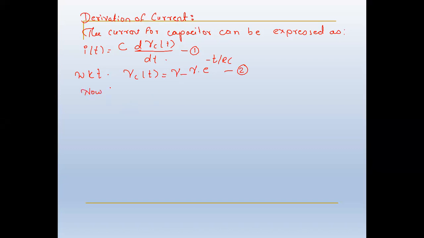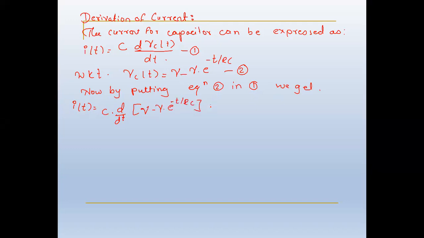Now, by putting equation 2 in 1, we get I(t) is equal to C into d by dt of V minus V into e raised to minus t by RC, which is equal to C into 0 minus V into minus 1 by RC into e raised to minus t by RC.